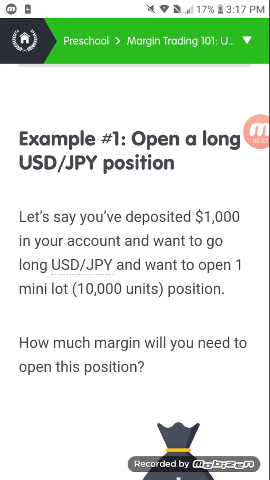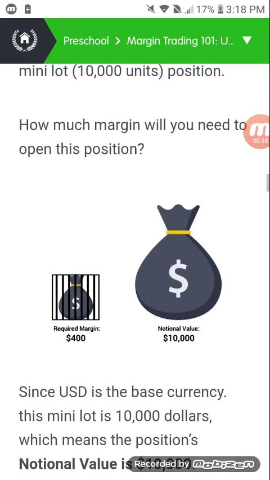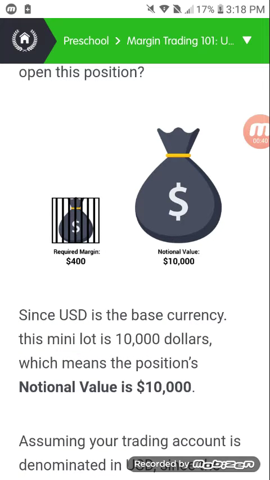So in this example, open a long USDJPY position. Let's say that you deposit $1,000 into your account and you want to go long USDJPY and open one mini lot of 10,000 units per position. How much margin will be needed to open this position? Since USD is the base currency, this mini lot is $10,000, which means that the position notional value is $10,000, the same thing as the mini lot.